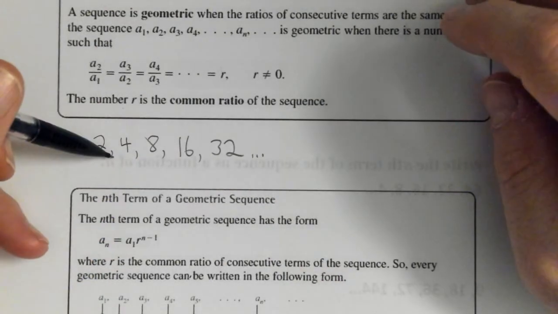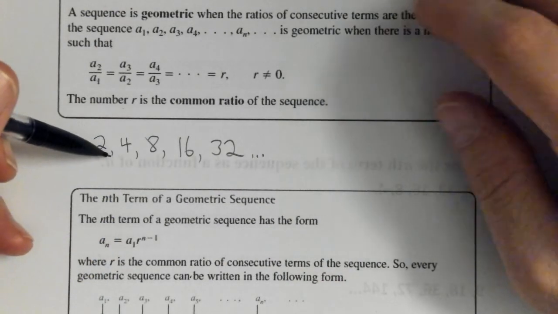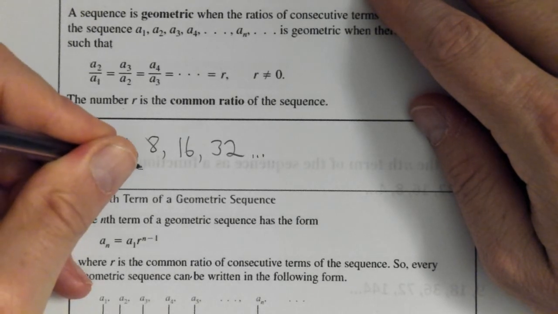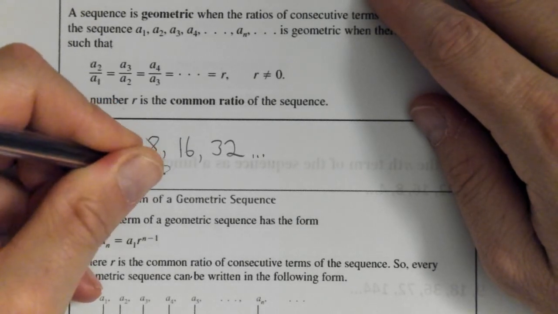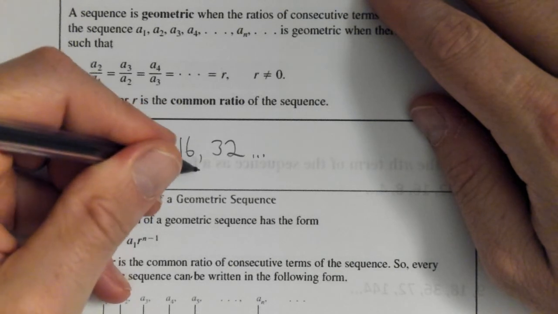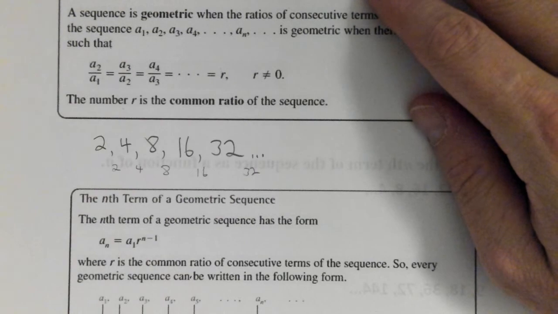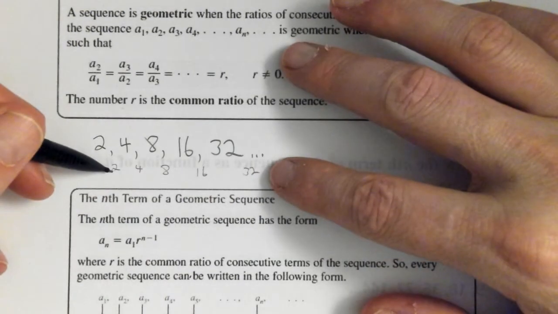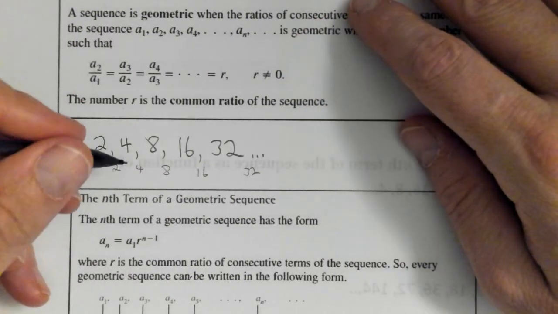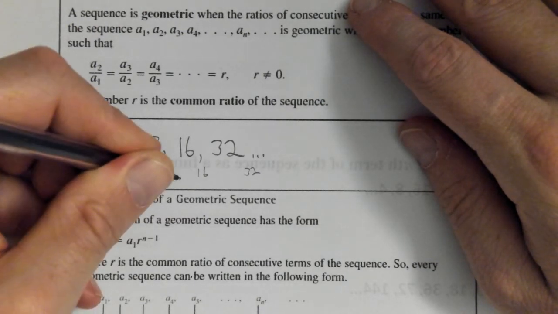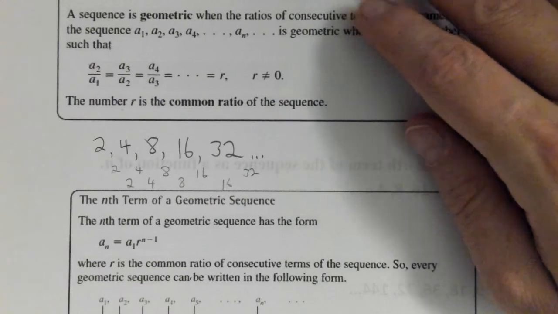If we started taking our differences, that would be a difference of 2, 4, 8, 16. Then the next difference would be 32. What do you notice about that? You get the same numbers back again, right? So what if we take the third difference? Well, here 2, 4, 8, 16, 32.